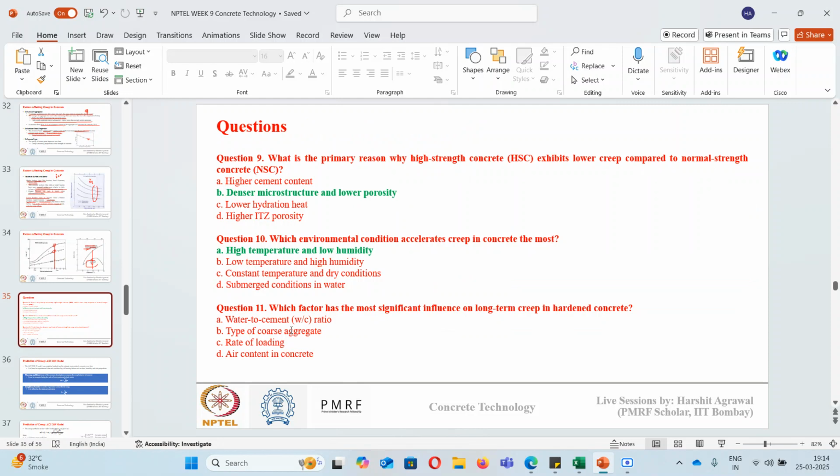Now question number 11. Which factor has the most significant influence on the long term creep in hardened concrete?